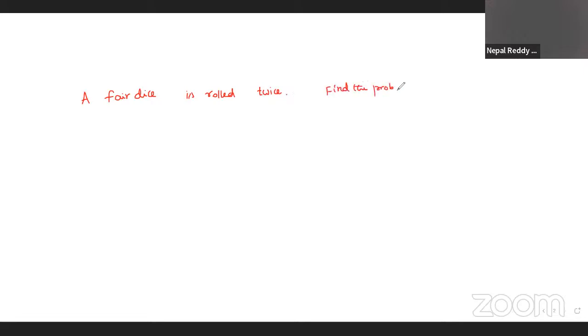Find the probability of getting 8 or 10.